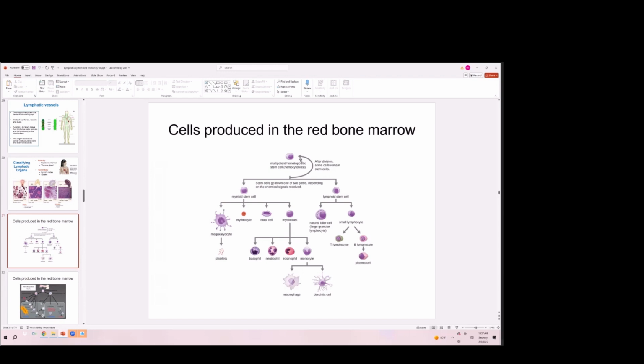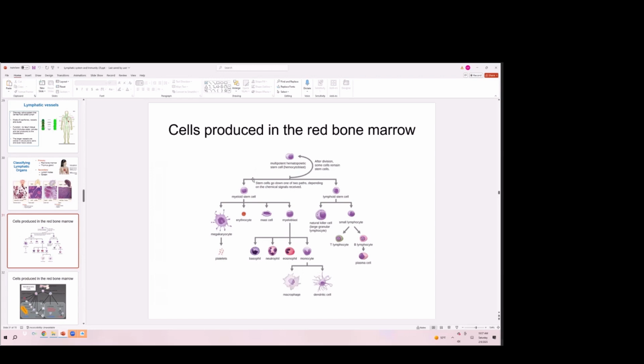We say if you need red blood cells, for example, there's a substance produced by our kidneys called erythropoietin that would stimulate these red bone marrow stem cells to divide. When they divide, imagine that there was one here, and then it gains stimulation to produce red blood cells.